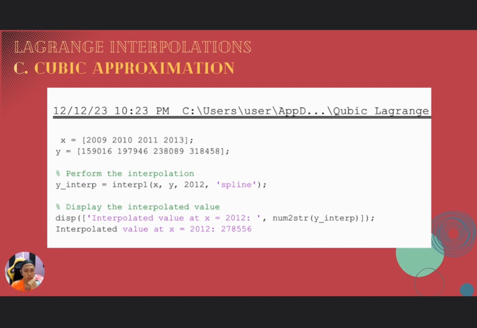And this is the MATLAB command. It is very simple. We only put the data in, which is the year 2009 to 2013, and the value of y, which is 4 points. Spline written there is the function of MATLAB tools which can compute the cubic approximation.